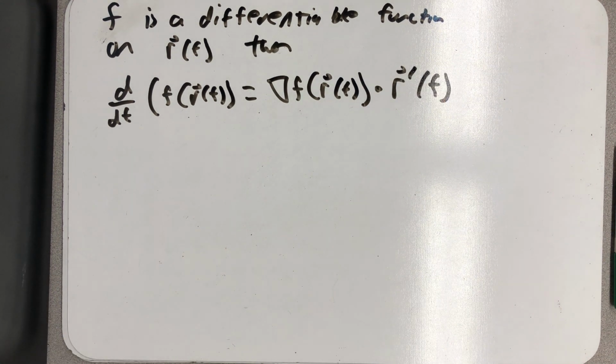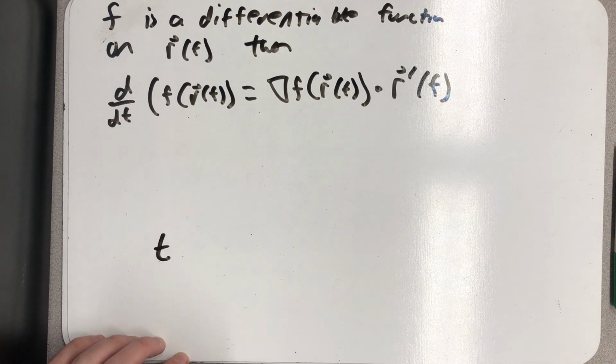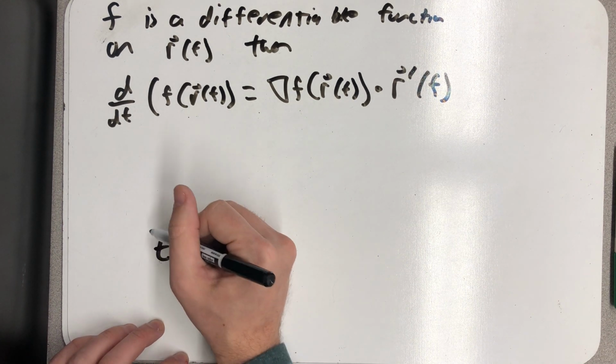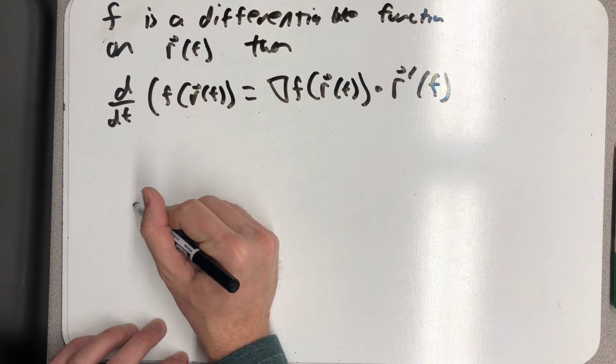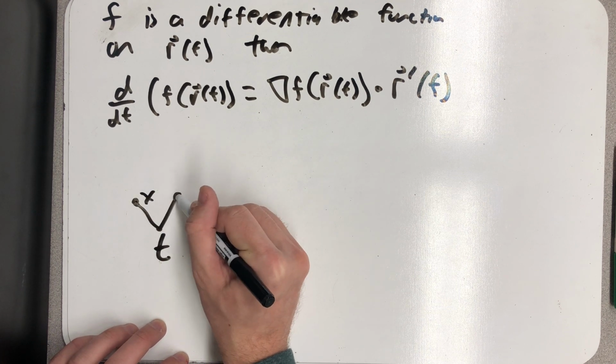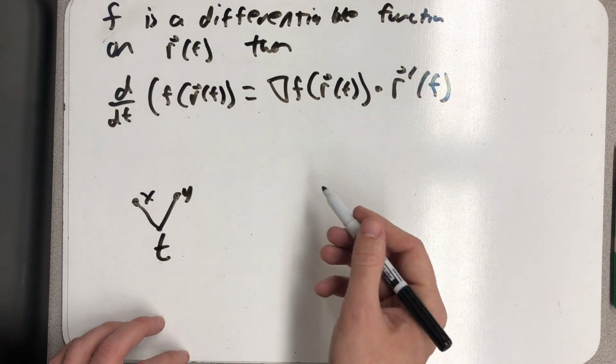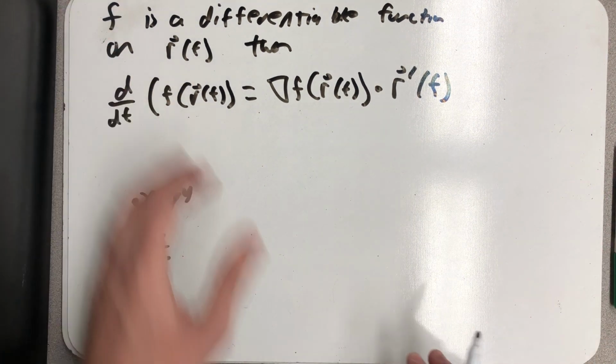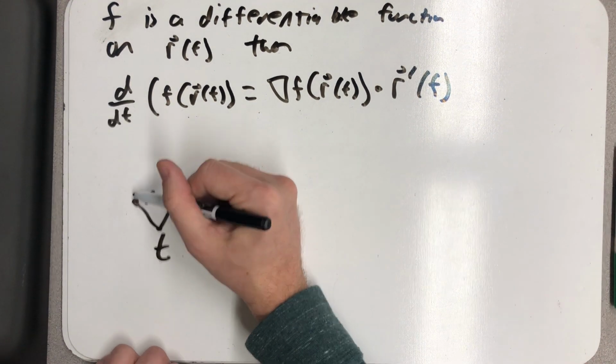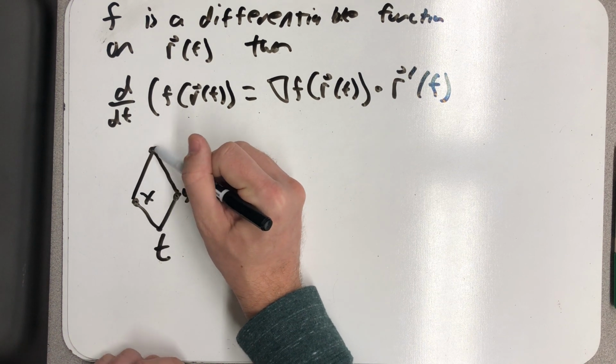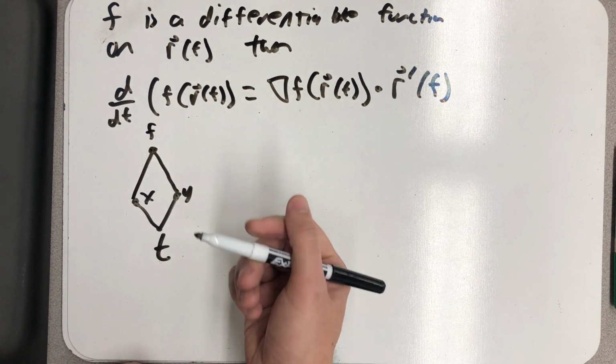That's that result we saw, and it's really a chain rule: if you have t, you plug that value t into functions that give you x and y, or maybe even z or w, or however many variables f is on, and then you plug all of those variables in to get f.